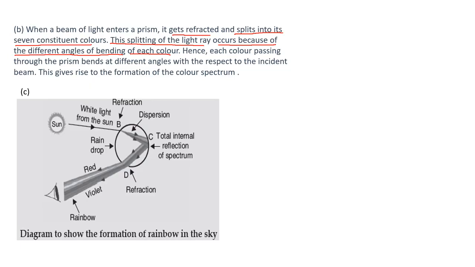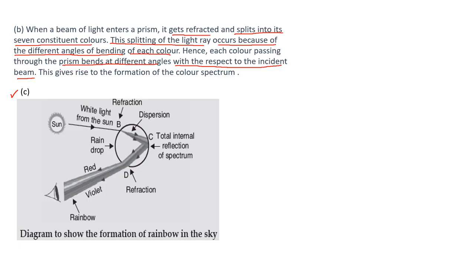That is also something you can write. Hence, each color passing through the prism bends at a different angle with respect to the incident beam. So this gives rise to the formation of the colored spectrum. And this is diagram C, which is given in your book.